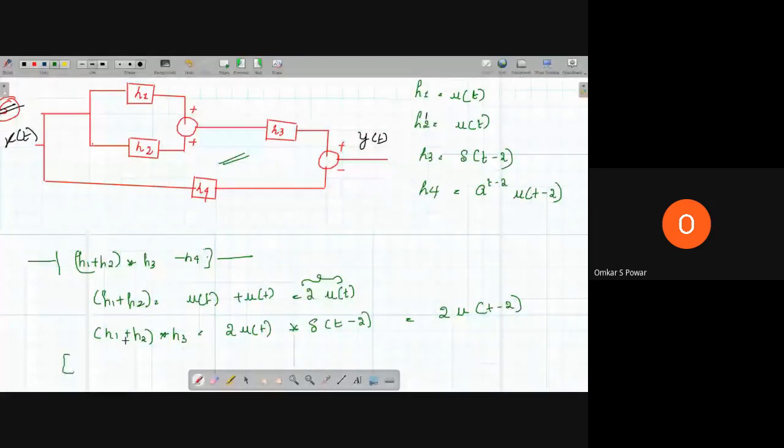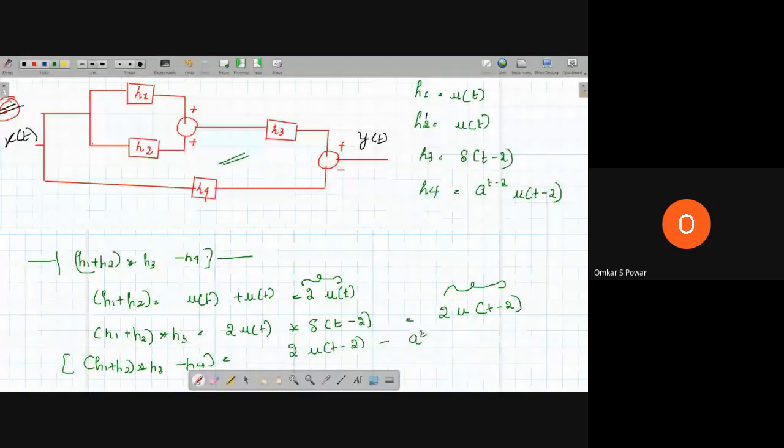So 2u(t-2) minus your H4, which is a^(t-2) u(t-2). Here u(t-2) is common, so you can write directly as (2 - a^(t-2)) u(t-2).